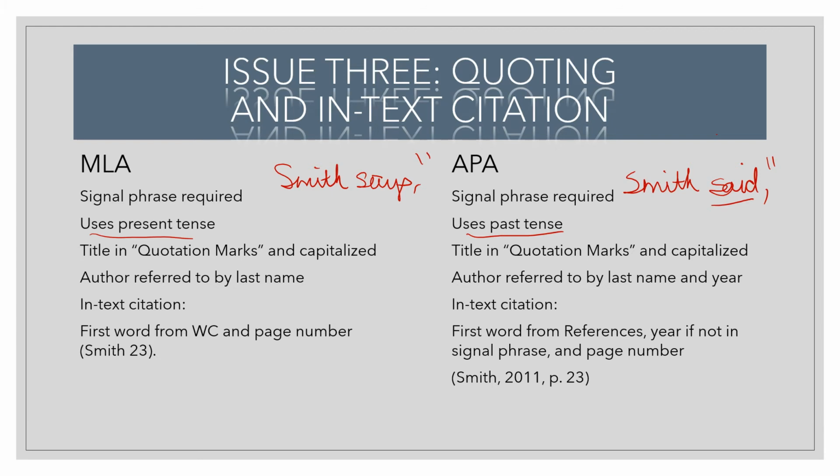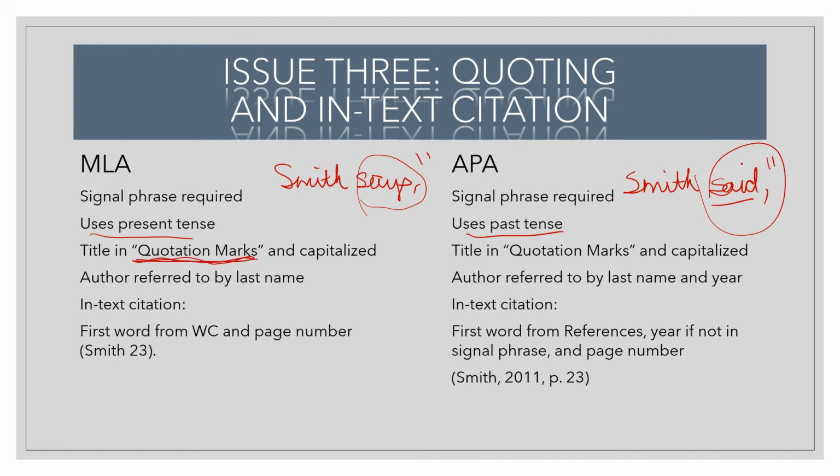Anytime you refer to any of your sources in MLA, you refer to that source in present tense. In APA, it's in past tense. Now here, this gets a little tricky because if you talk about a source, the title of that source, just like it is on the Works Cited page in MLA, is in quotation marks, okay?